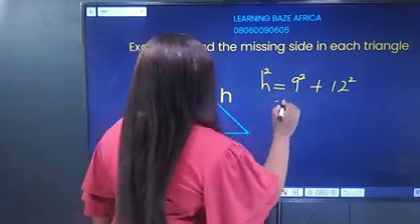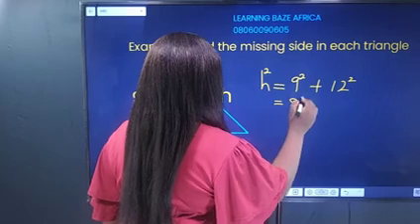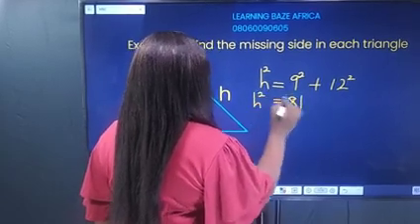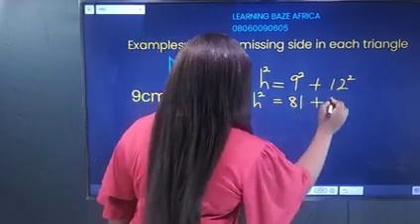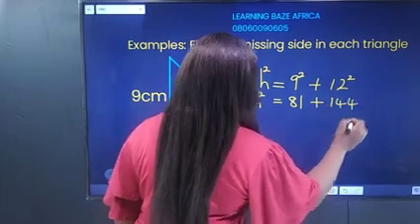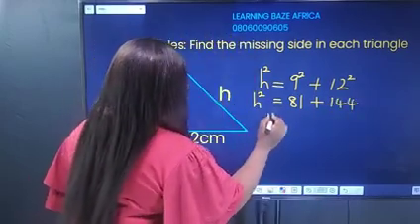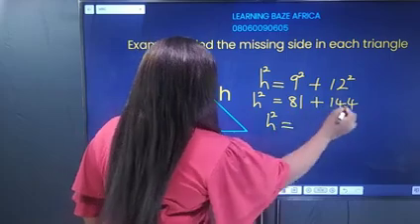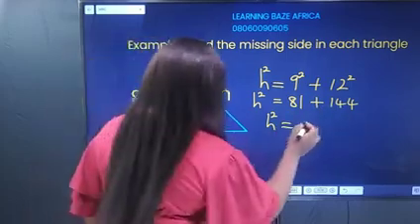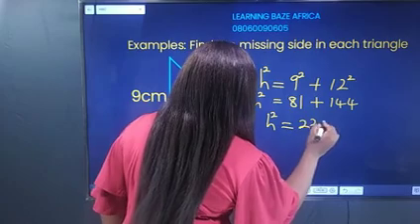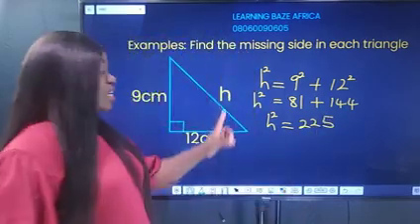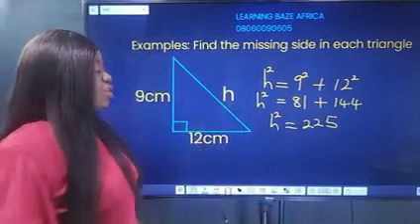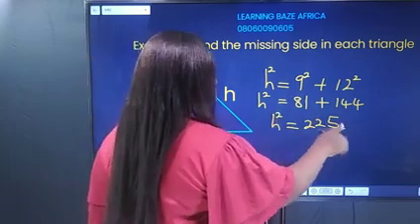Okay, so that will be equal to the square of 9 is 81 plus the square of 12 is 144. That is 12 times 12. So the square of the hypotenuse is equal to, when you add this up together, it will give us 225. And don't forget that we need to find just H. So the square will be moved to the other side.